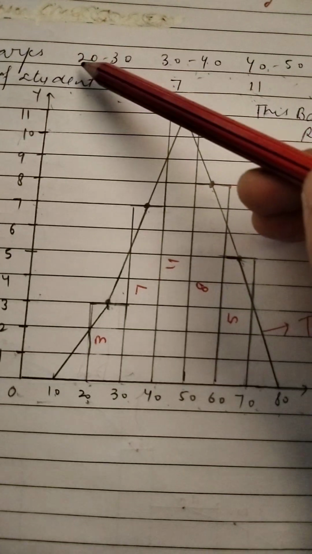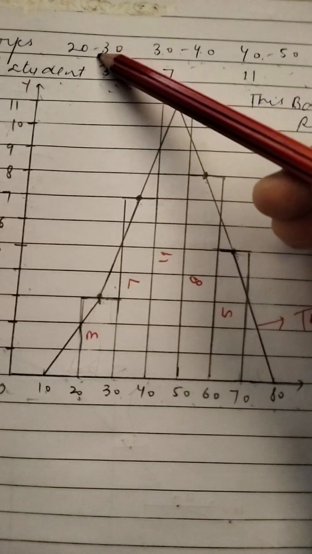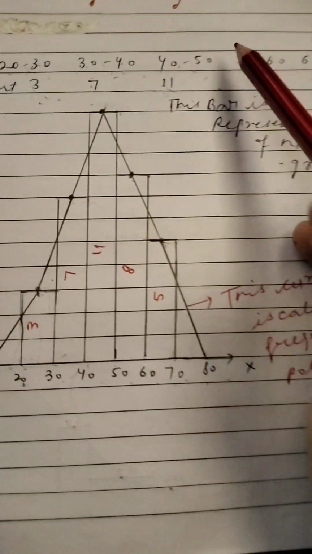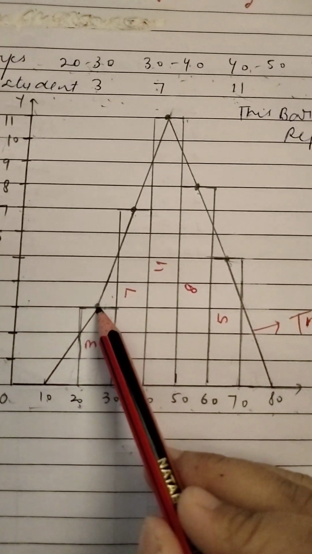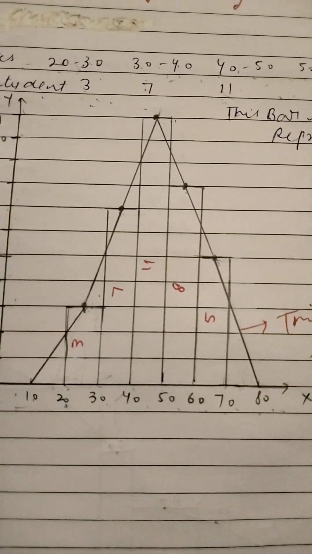Always remember, if you are solving from 20, the previous number is 10, because the interval difference is 10, and here the next number is 80. It means you have to join this circle with 10 and this circle with 80. This is called a polygon, a frequency polygon.